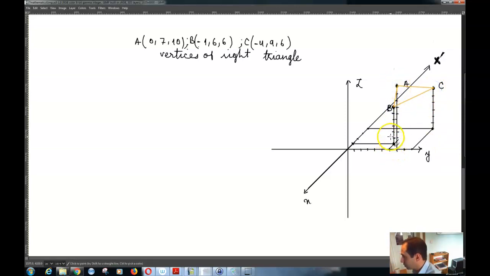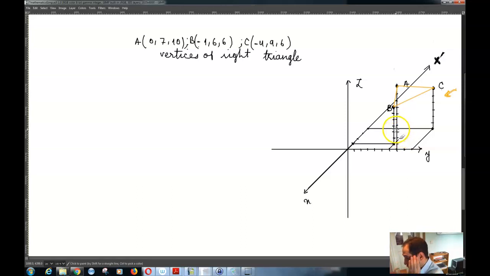I'm just looking at this from this viewpoint, and I don't really know what it's going to look like if I go back here behind the YZ plane and look at the triangle from back there.